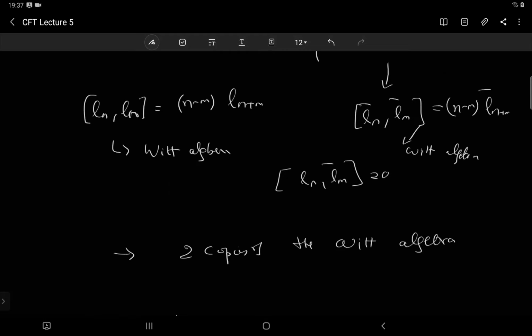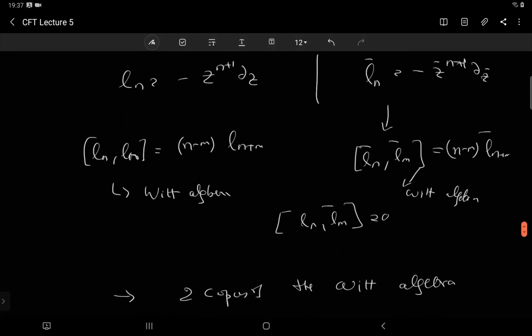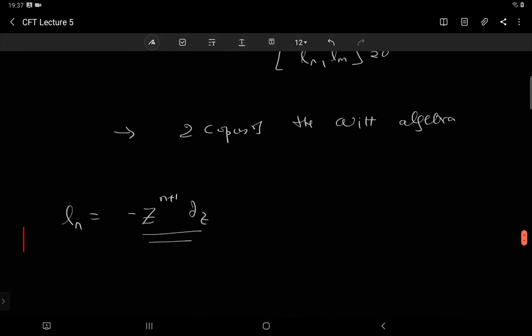Here there are clearly infinitely many, because for every n there is a generator, so it is an infinite dimensional algebra. But the space-time dimension is 2 in this case.